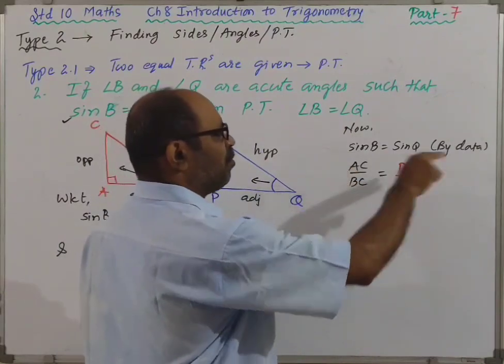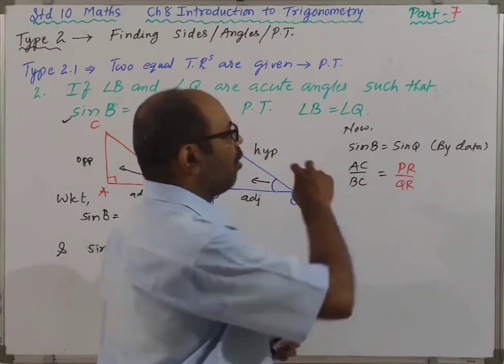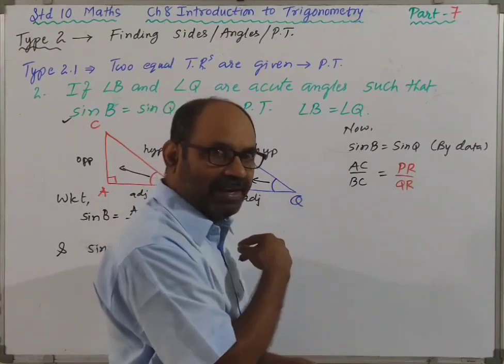But see one thing. The black part should be up and the red part should be down, or the red part should be up and the black part should be down.